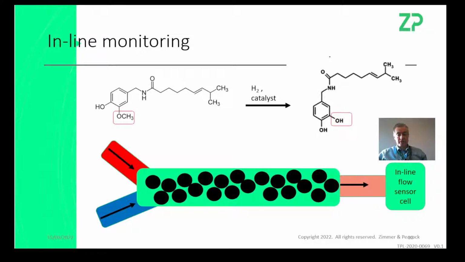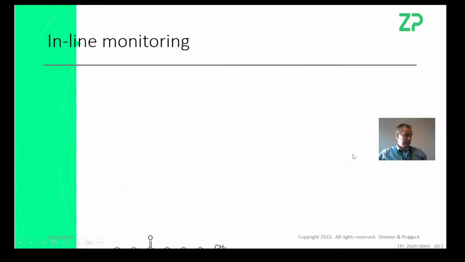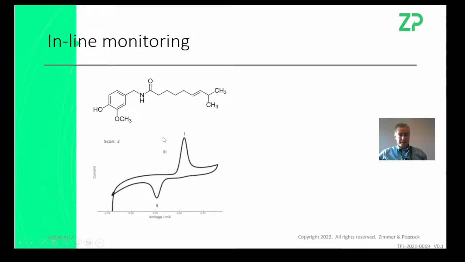So I now need to expand on the last box, which is this inline flow sensor cell. Here's my molecule, this methylated phenol. If I recorded a voltammogram of this molecule using proper electroanalytical chemistry, I would call it a spectrum.